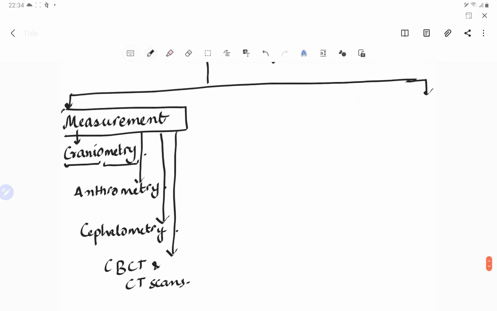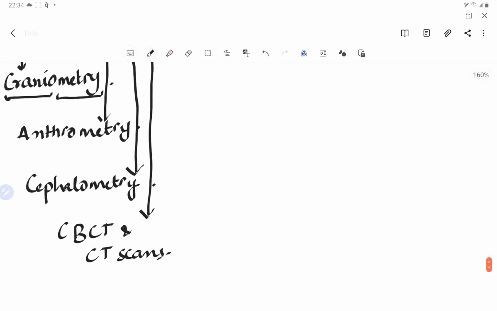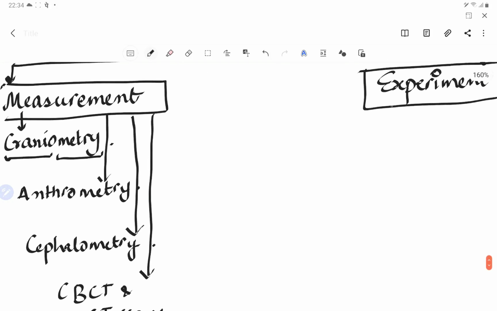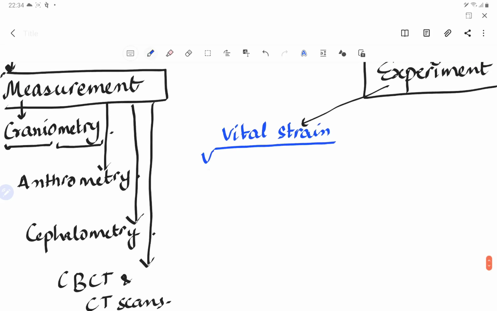The other method is the experiment. We can measure growth via experiments. It can be vital staining. The vital stains which we use to measure growth are based on the pattern of bone growth. So we can remember VITAL.